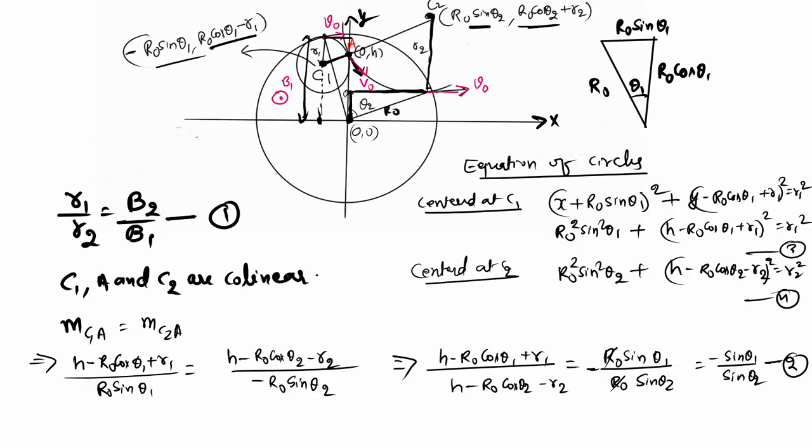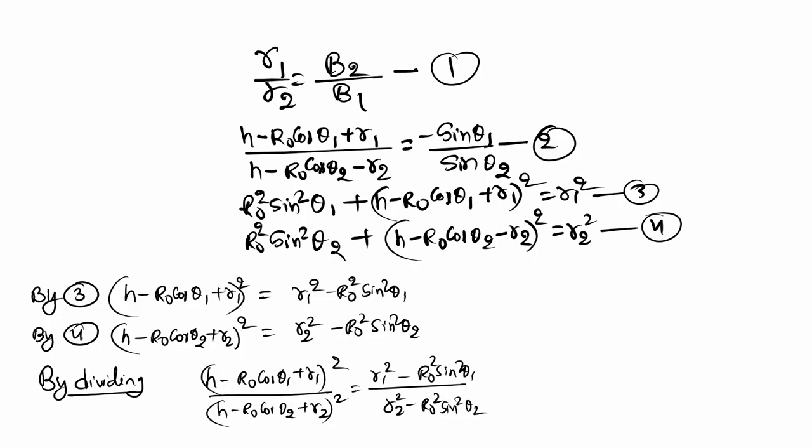I will use these three equations to solve for R1 upon R2. So let's solve this now. If you look at all these equations, first, second, third, fourth, that I got, by 3 we can take this whole thing this side and write like this. By 4 we can take this whole thing this side and write like this, and then we can divide it.